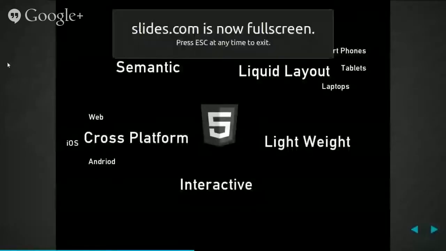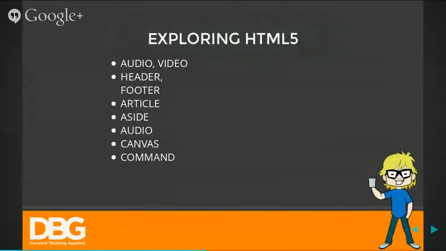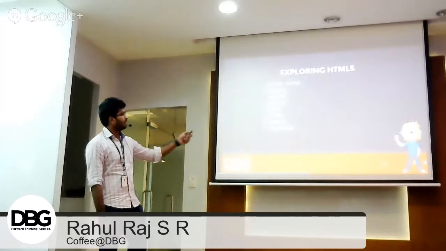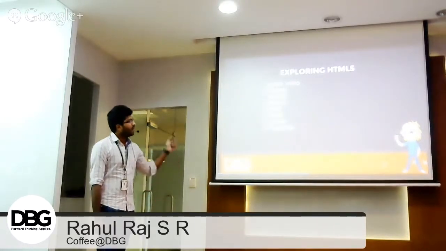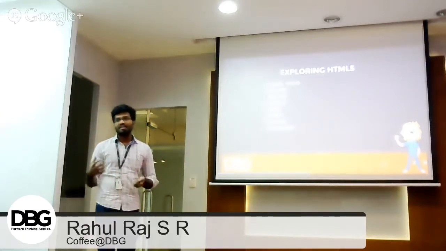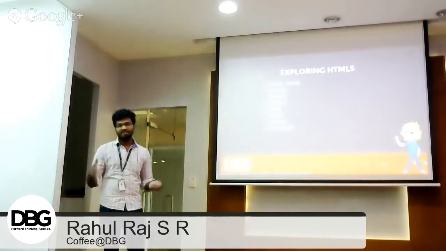Then come the elements that are newly added in HTML5. These are some of the components and elements. We have lots and lots of components added to HTML5, that means audio, video tag, header tag, footer tag, article, aside, canvas, command, and so on. We have specific tags to differentiate the web page sections.